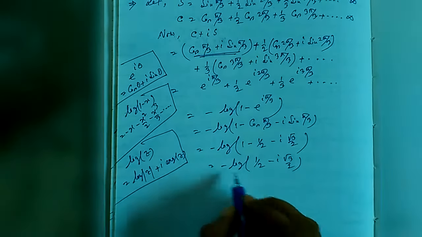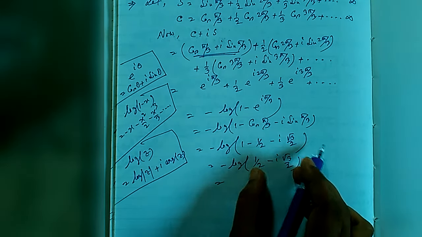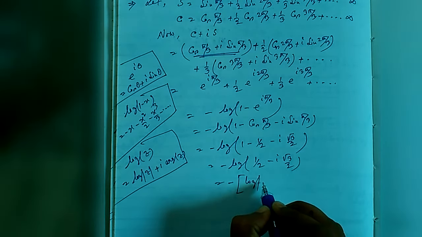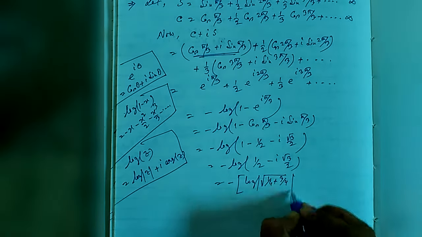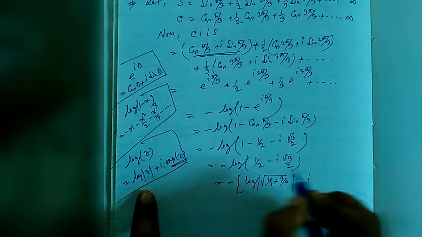Here this point lies in the fourth quadrant. So this value will be log of mod z. Mod z means square root of 1 by 4 plus 3 by 4, plus i of argument of z.